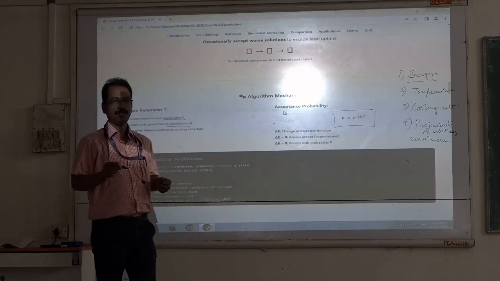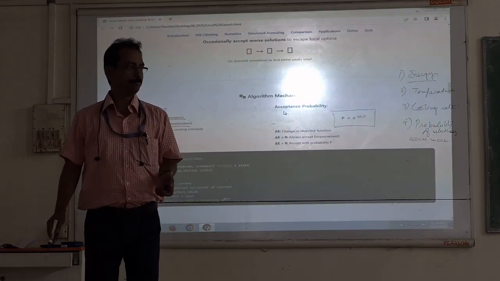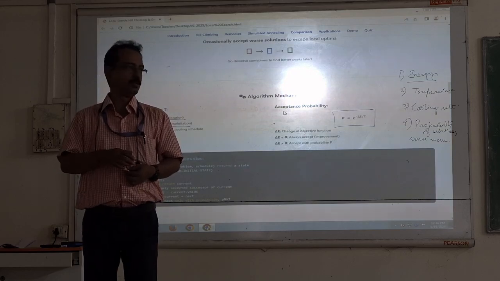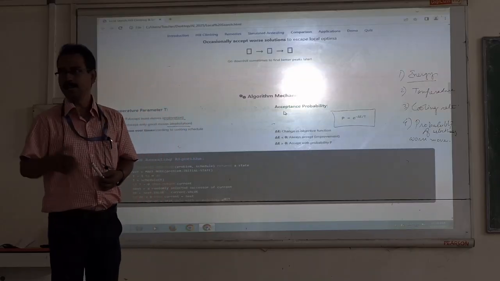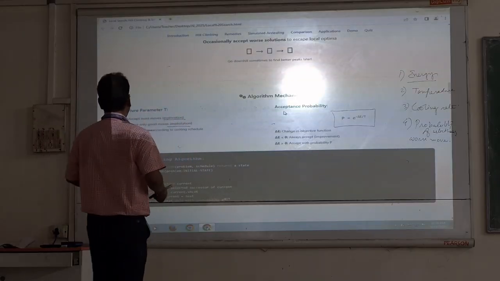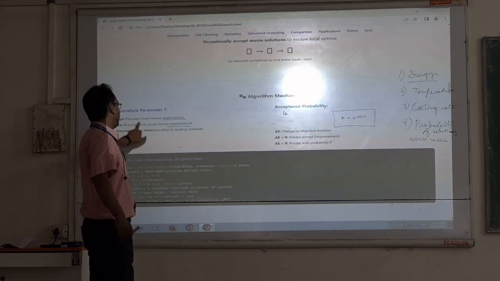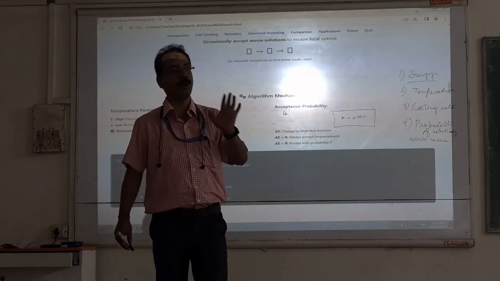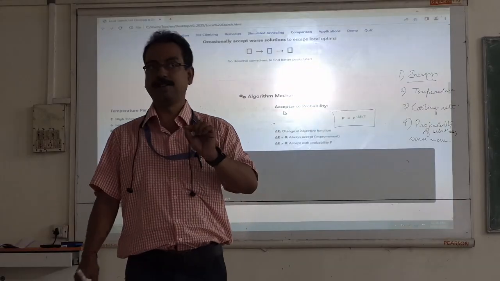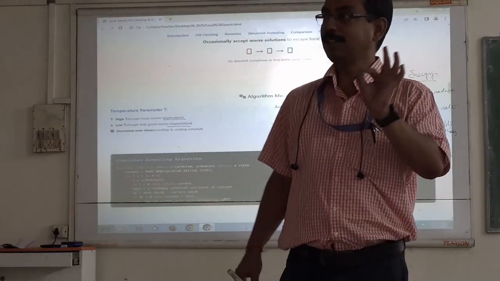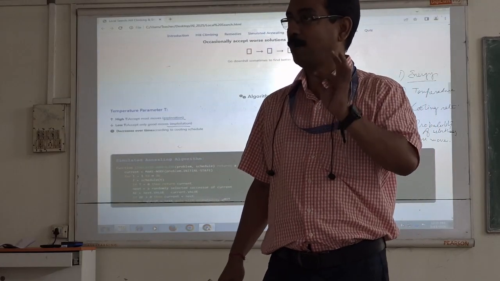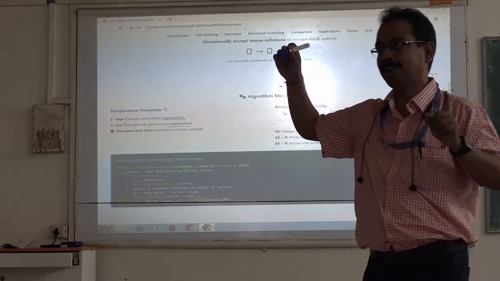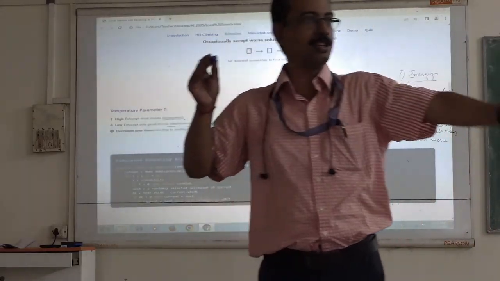Exploration means take almost all moves, and exploitation means take only the good moves, reject the bad moves, and decrease over time according to the cooling schedule. This cooling schedule is very important, meaning how you decide the temperature. Selecting the value of T is very important. Why? Because T is actually affecting the delta E, the overall value of e to the power minus delta E by T. So indirectly it is also affecting the P.